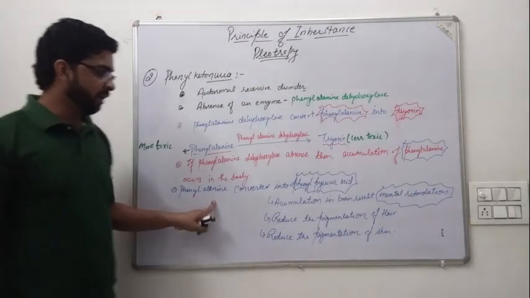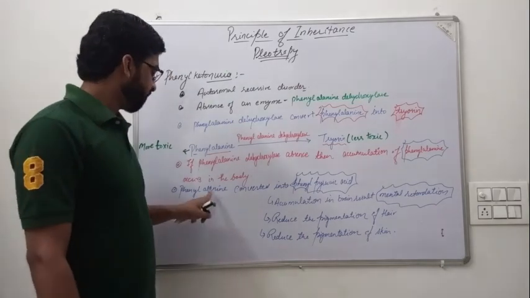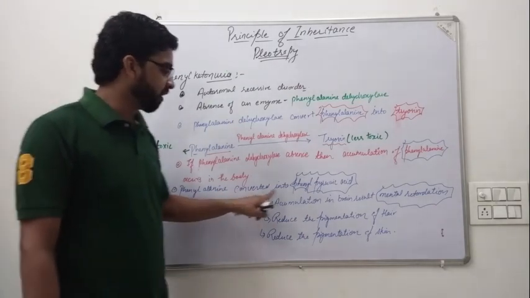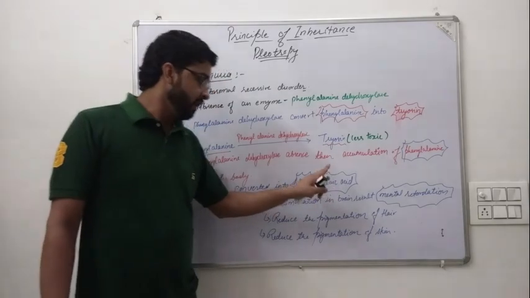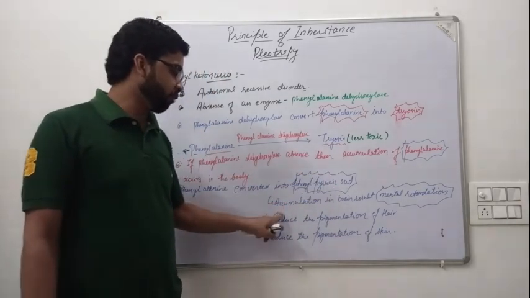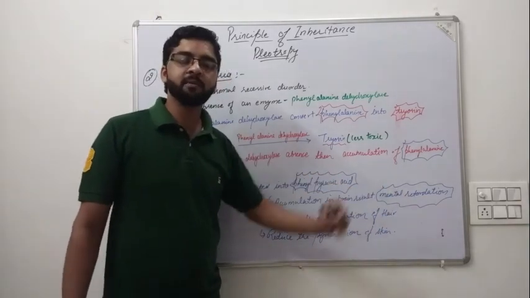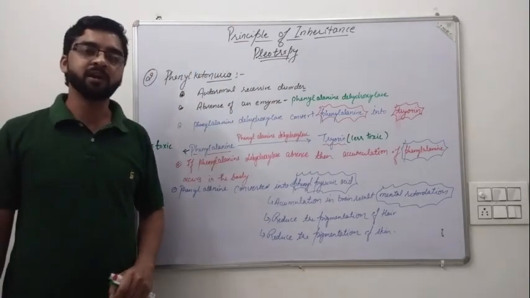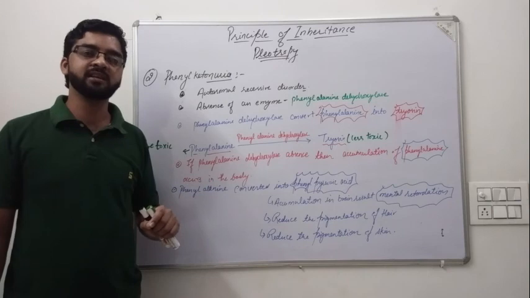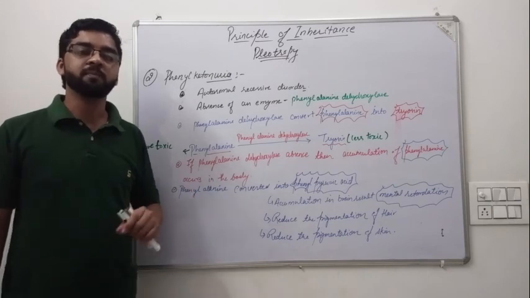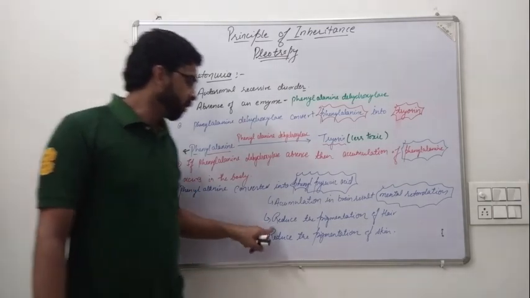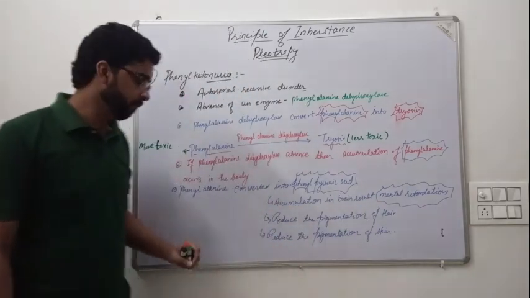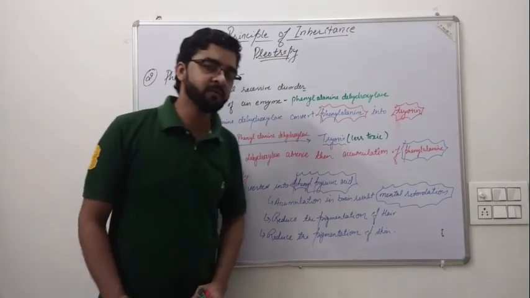If phenylalanine accumulation increases, it is converted into phenylpyruvic acid. When phenylpyruvic acid accumulates in the brain, it results in mental retardation, or sometimes it breaks down the capillaries and also causes brain hemorrhage. It also reduces the pigmentation of hair and skin.